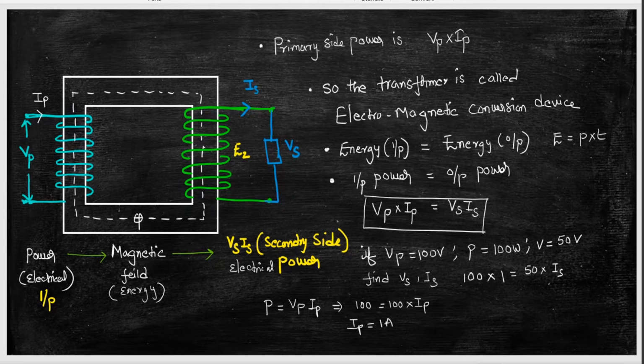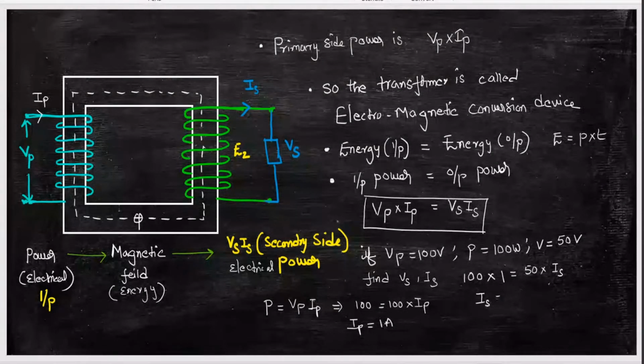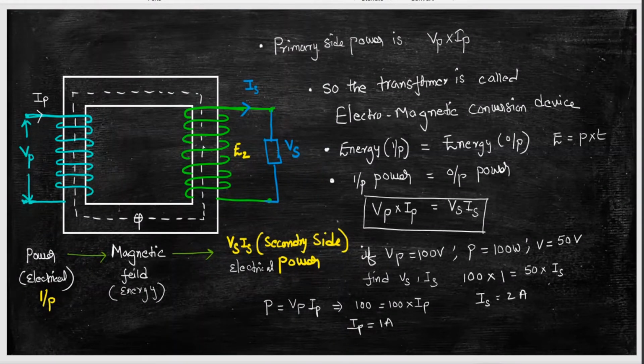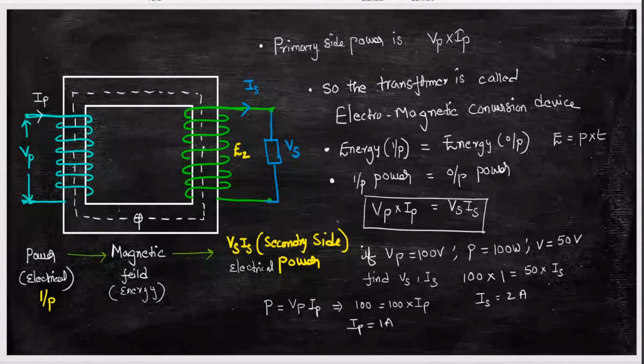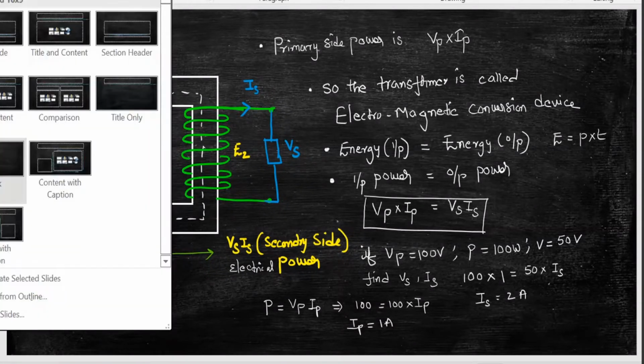So Is is equal to how much? 2 amperes. Is is 2 amperes. That means what is happening? If I give 1 ampere to the primary side, on the secondary side, how much current is coming?